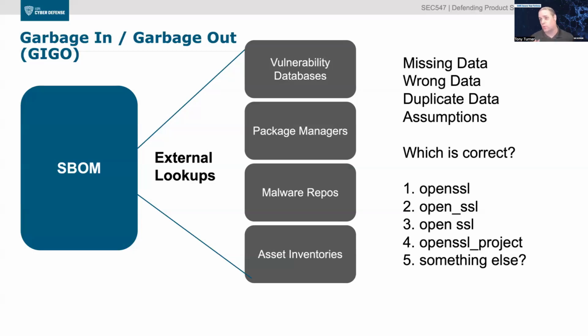We'll do a lookup with a vulnerability database like the NVD or the OSV. We'll look at package managers and get information about dependencies and other package-related information about our components. We'll look up malware repos. You may have your own asset inventories that you're looking to correlate the state in the SBOM with. The reality is these are simple strings, right?